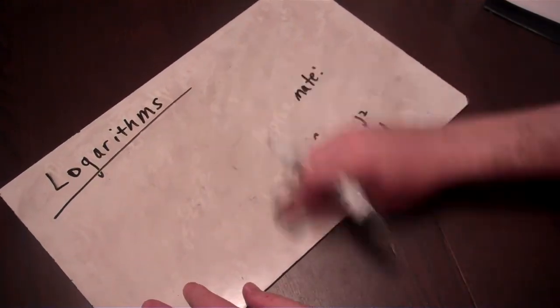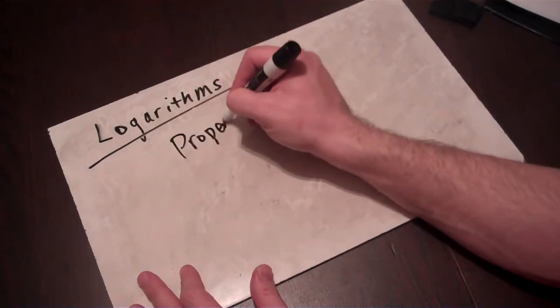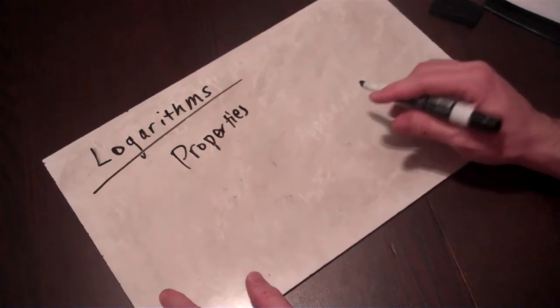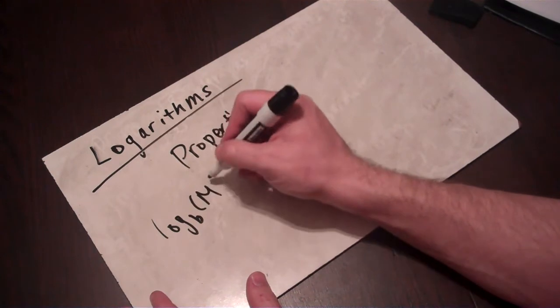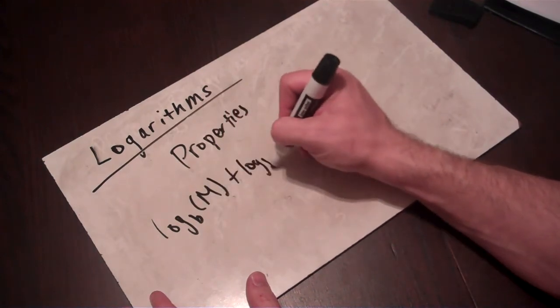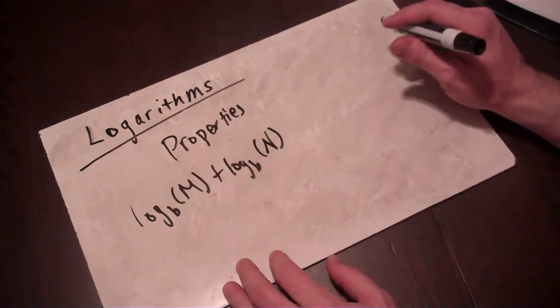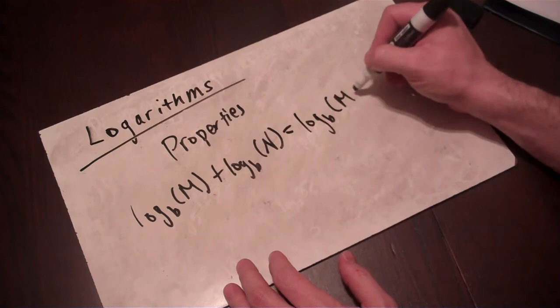There are also some pretty cool properties that logarithms have. The first one that I want to talk to you about is that if I have the log base b of m plus log base b of n, so they both have the same base, then this is equal to the log base b of m times n.